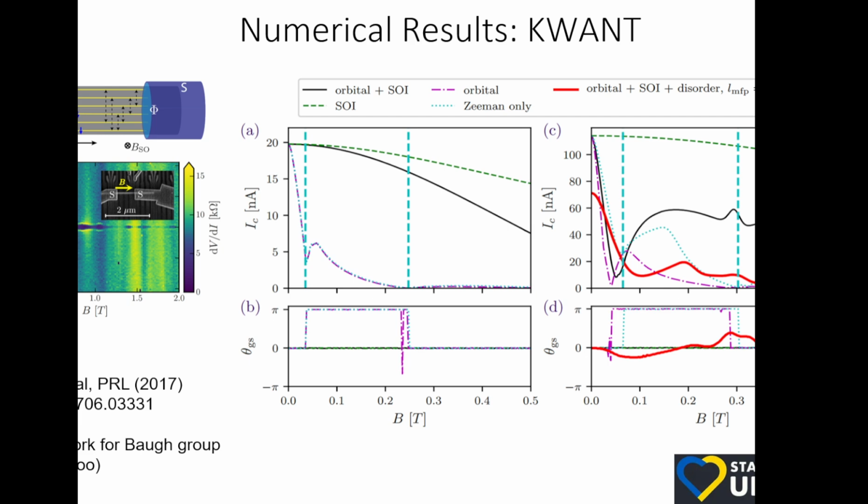And everything includes orbital, spin-orbit, and Zeeman is always there. And also some disorder. Disorder is implemented by making randomness in the hopping amplitudes from one site to the other. And then you can calculate the effective mean free path. Here it's still pretty clean, right? So it's 250 nanometers mean free path.